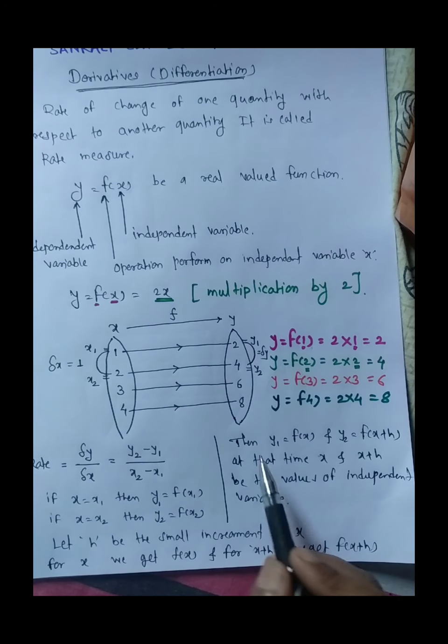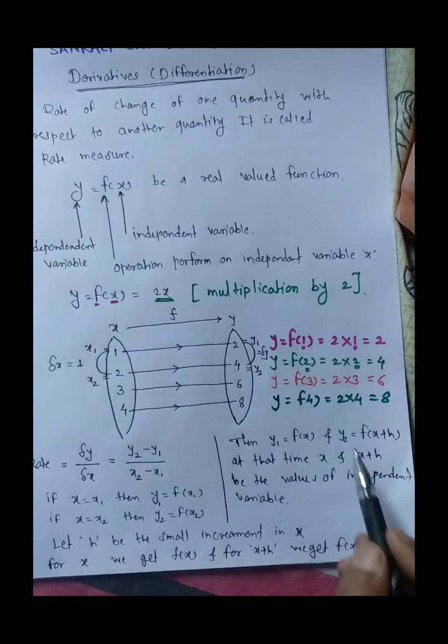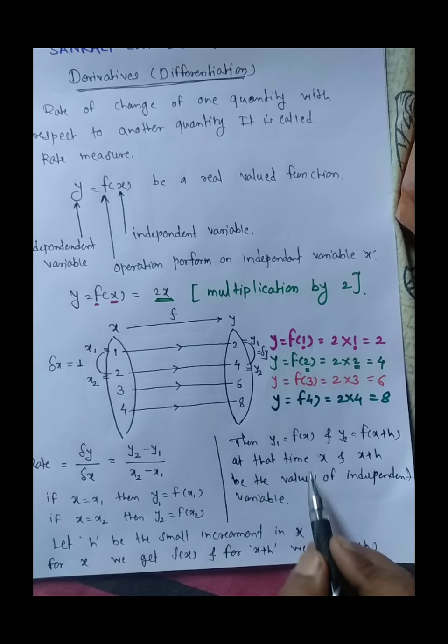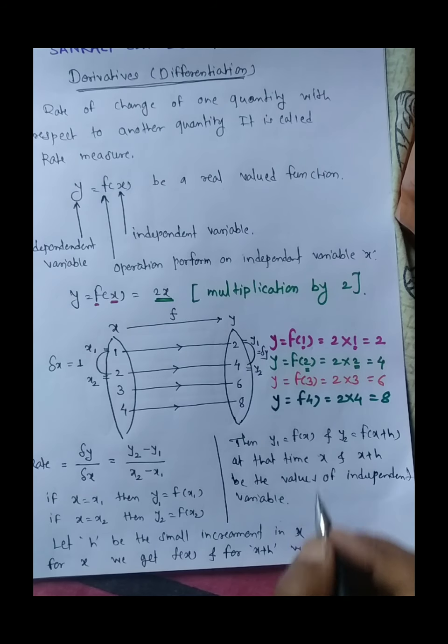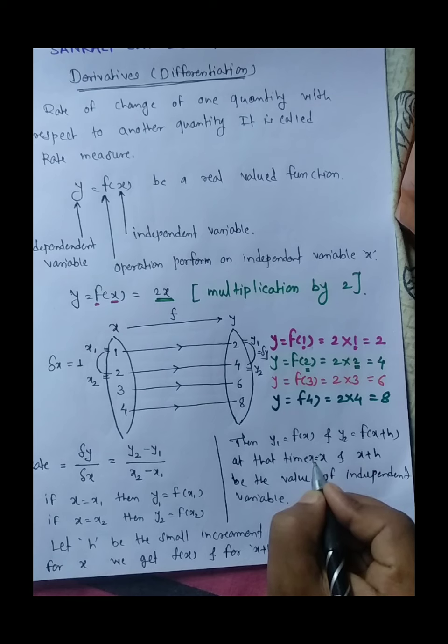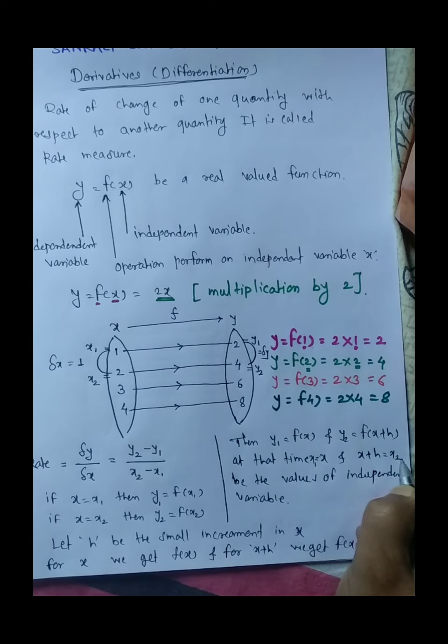Now y1 is equal to f of x and y2 is equal to f of x plus h. At that time the values of the independent variable are x and x plus h. Those values are x1 and x2.